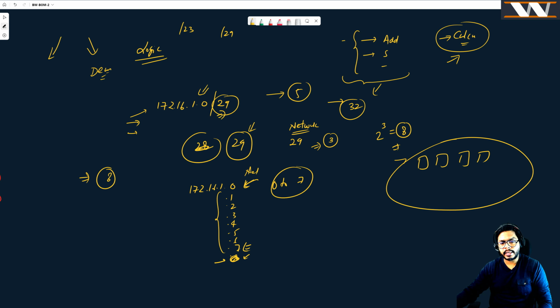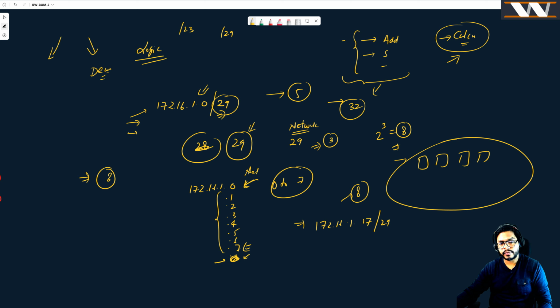Similarly, anybody can write any number, 172.16.1.17, right? /29. Again, your logic is going to be the same, that we are talking about a subnetwork which is having only 8 hosts.